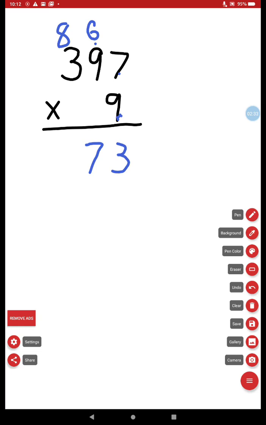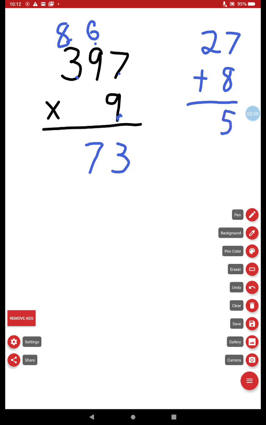Now I do 9 times 3. 9 times 3 is 27. And I add the 8. You might have to do this over to the side if you're having trouble visualizing it. 27 plus 8. Well, 7 plus 8 gets me 15.